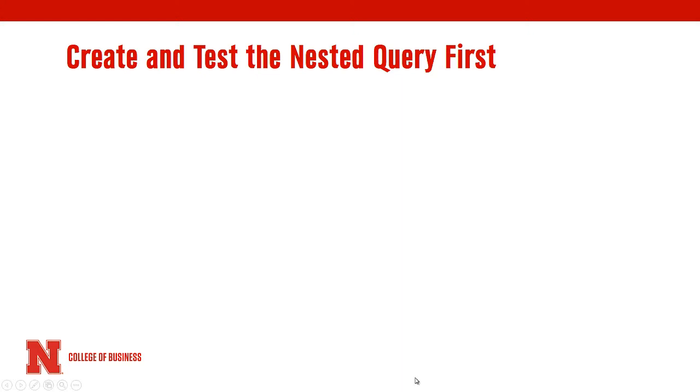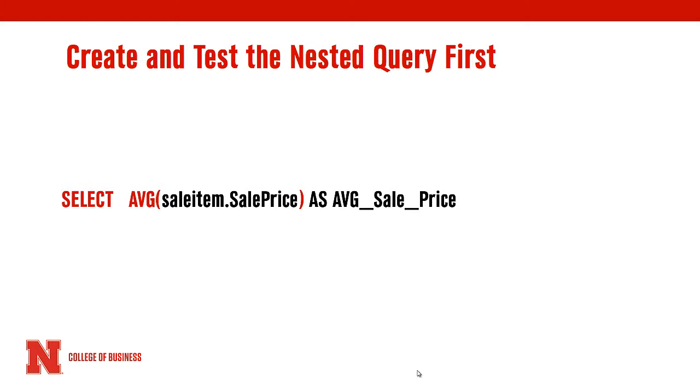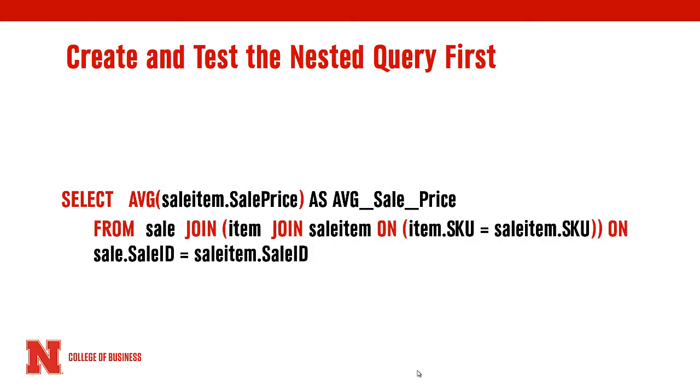First thing we do, we have to create the nested query. The nested query returns the value, the average we're going to compare the prices to. You know which tables are involved, so we start with calculation of the field that returns the sale price, joining the three tables that are involved: item, sale item, and sale.